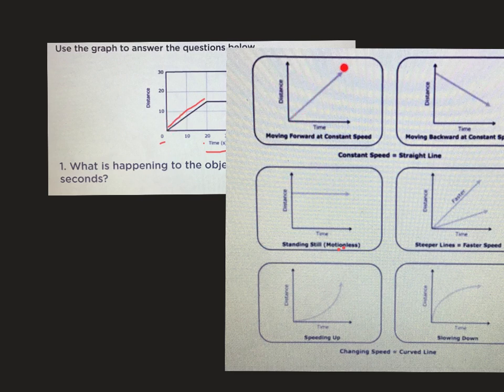It goes straight up. So when the line is going straight up, the object is moving forward at a constant speed. So that's what I would put for my answer on number 1. Okay, I would go ahead and make a text box, and I would say moving forward. Actually, you know what?